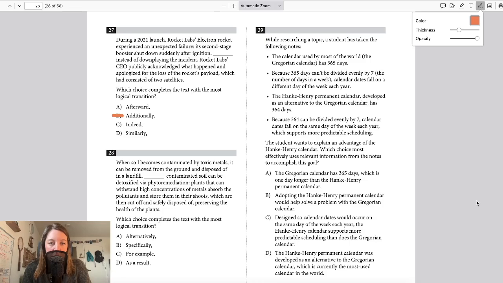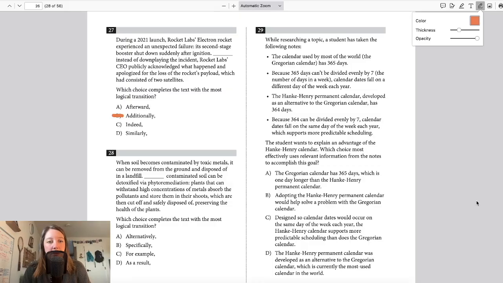Additionally is like something we add on to something else, but we don't use additionally to talk about items on a linear timeline. We usually use additionally to talk about things that are true at the same time that are separate from the thing we've already mentioned. So I like blueberries. Additionally, I like raspberries, strawberries, tomatoes.